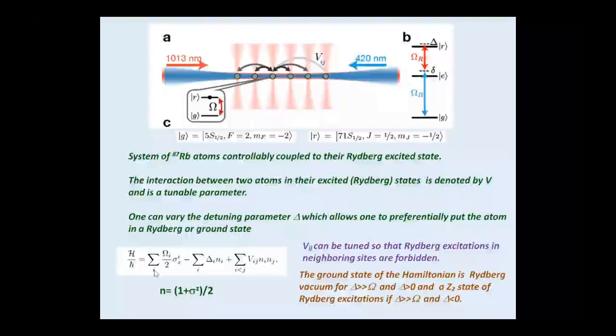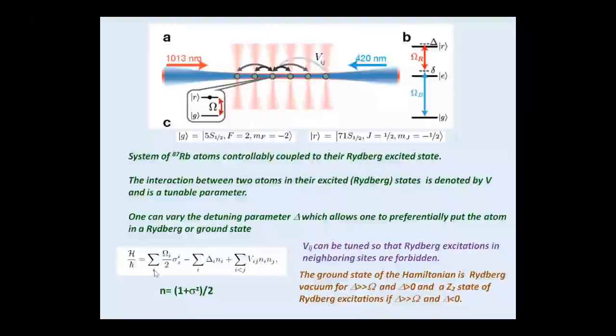Now let me come to the experimental platform for this kind of Rydberg chain. What happens is that you have a bunch of atoms, which are these rubidium-87 atoms, which are made cold and put in a one-dimensional optical lattice. It turns out that these atoms have two states which are important for us.